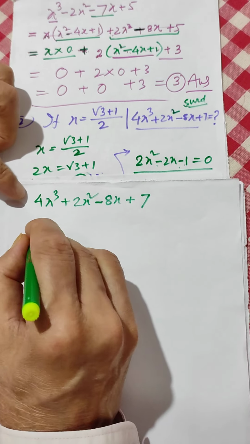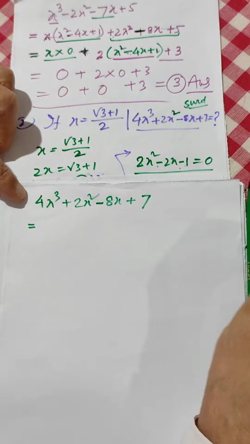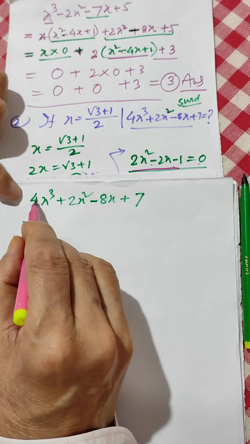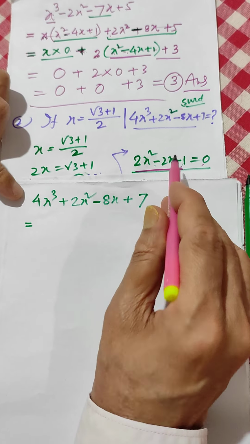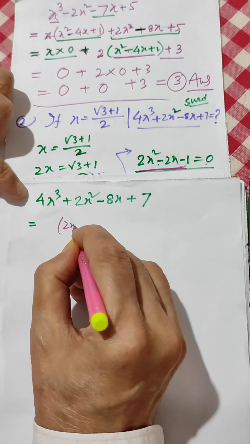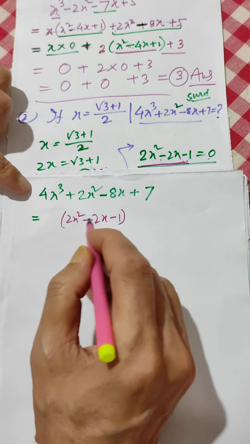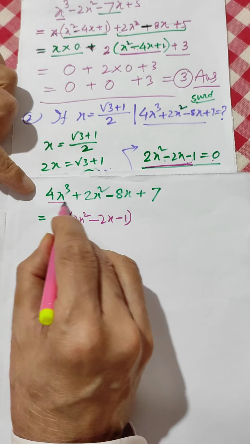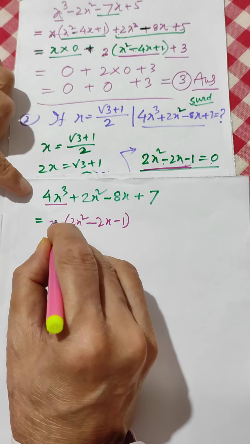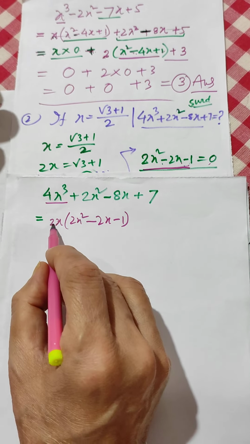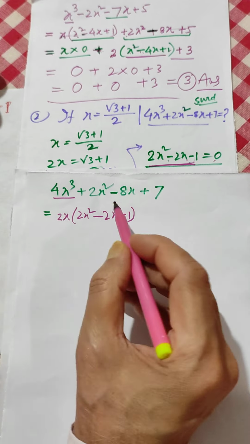Now again, adjustment. This expression is equal to 0, so we'll try to express this in terms of 2x square minus 2x minus 1. What must you write here to get 4x cubed? We must write 2x, because then 2x into 2x square will be 4x cubed.